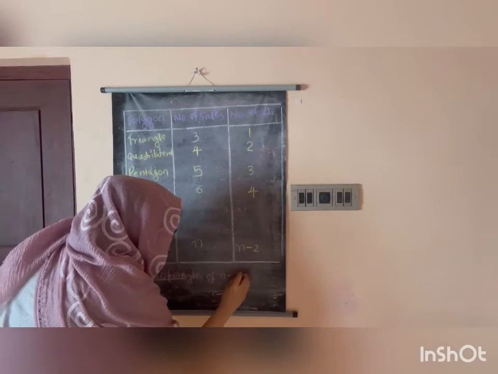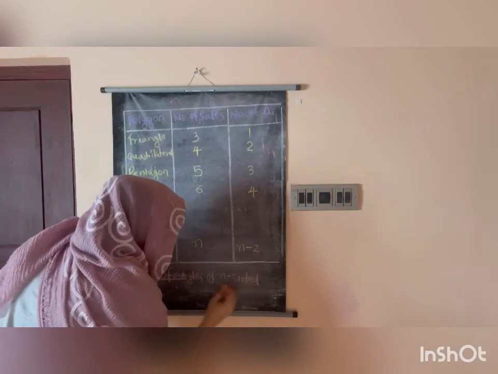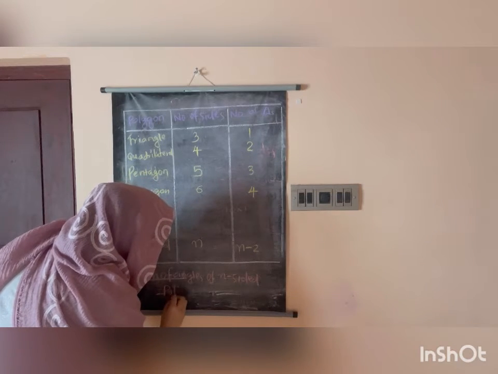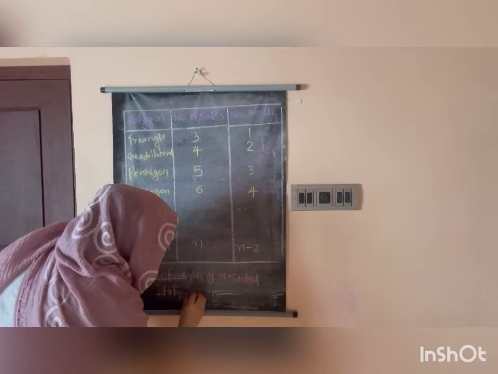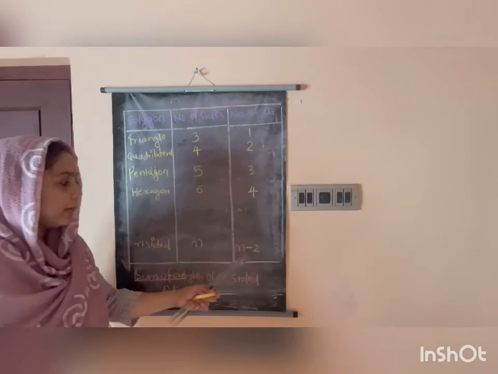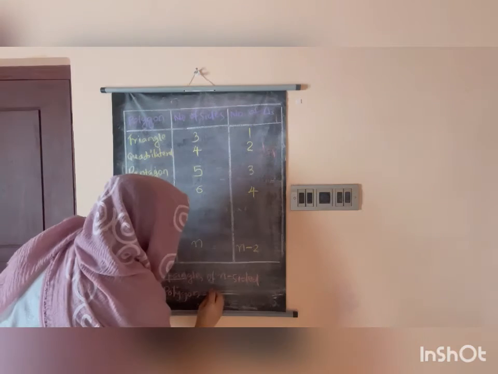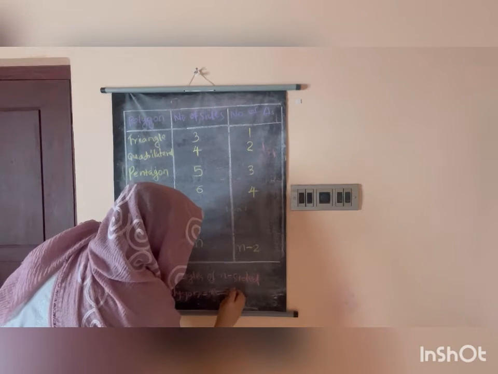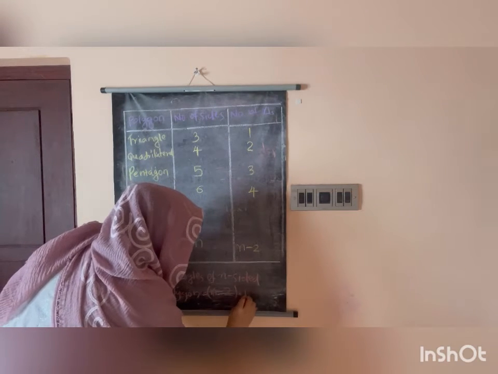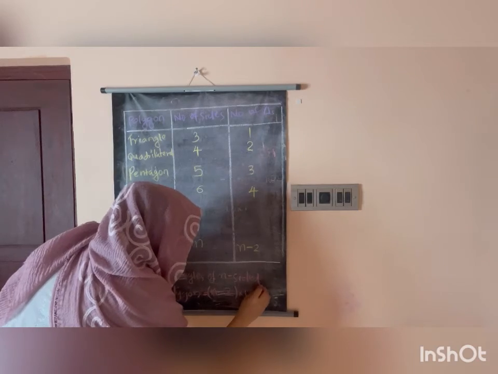N-sided polygon is? Anybody? It's equal to n minus 2 into 180 degrees. Very good. N minus 2 into 180 degrees.